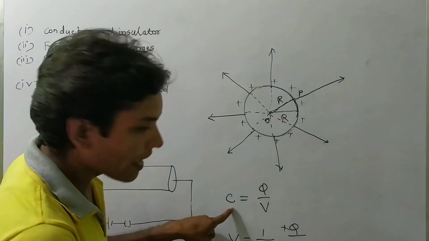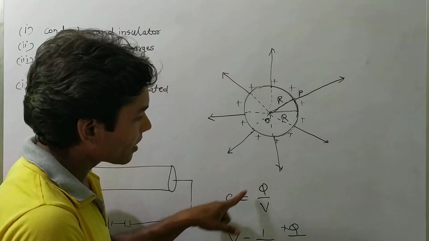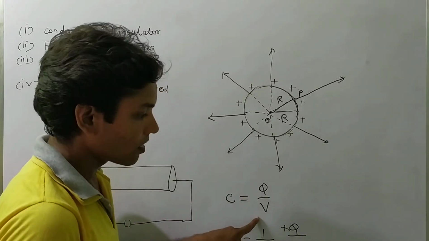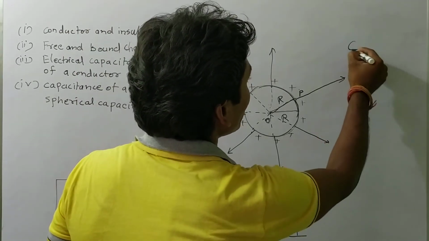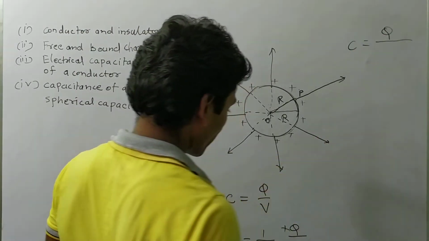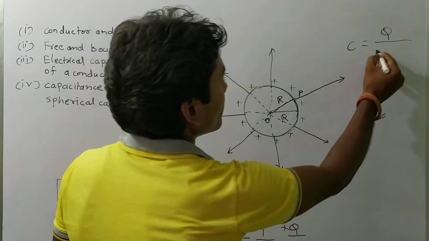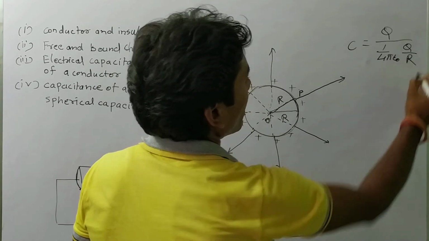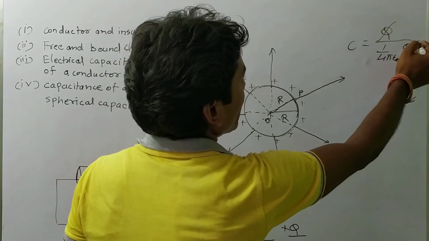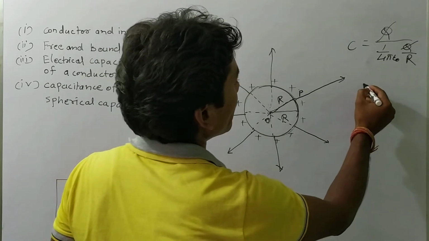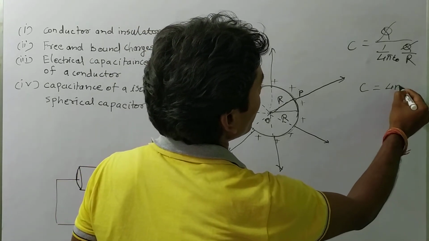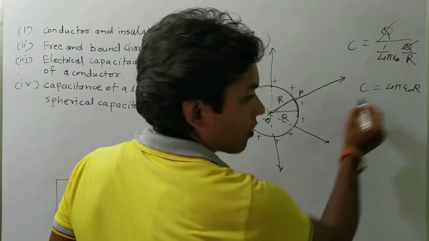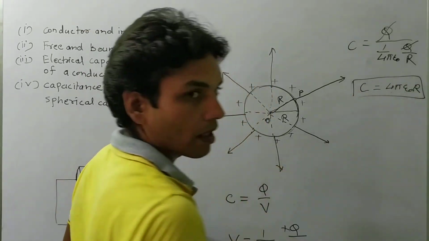So the capacitance, on putting the value in the equation C equals Q upon V, will be C equals Q upon 1 upon 4 pi epsilon naught Q upon R. Q cancels, and C will be equal to 4 pi epsilon naught R. Okay, this is the formula.